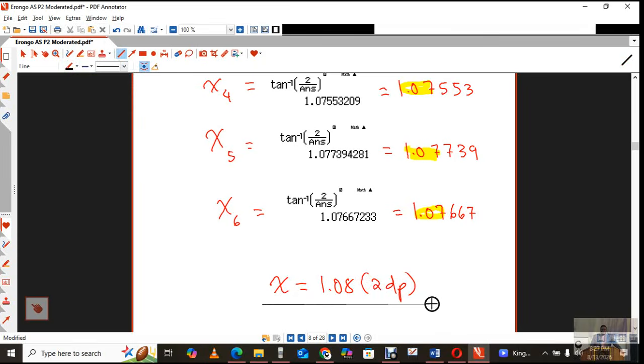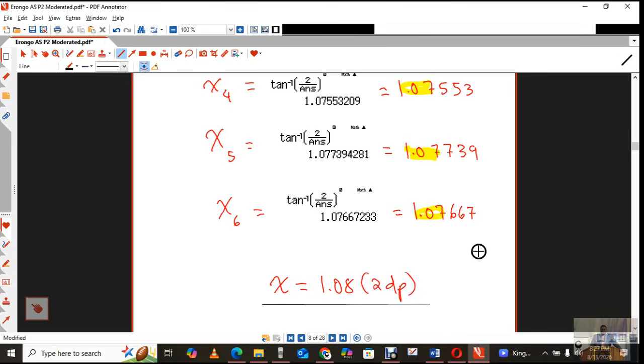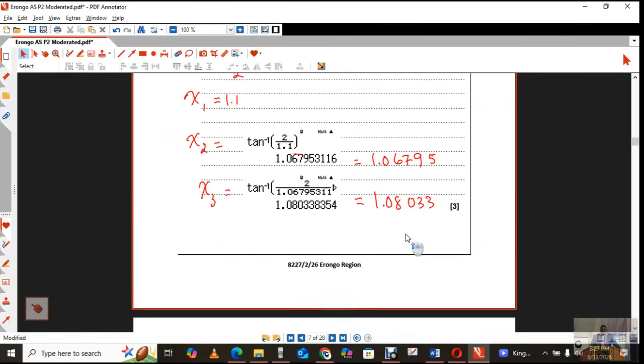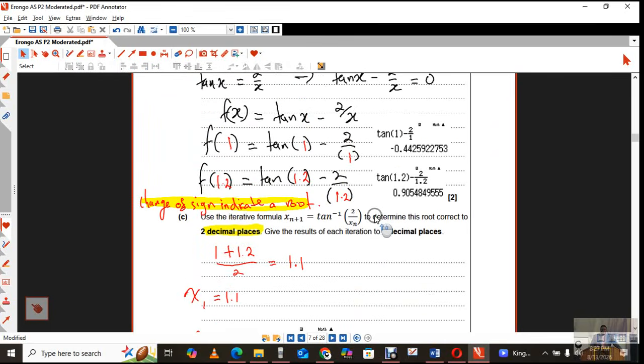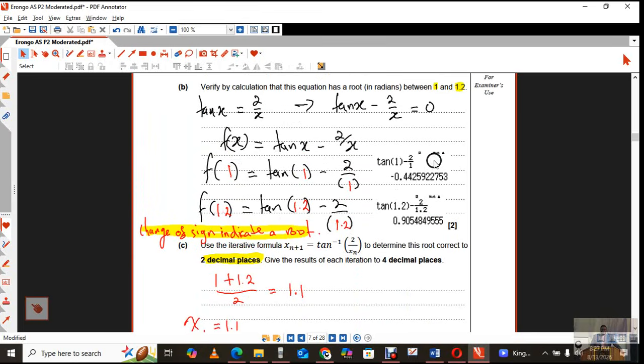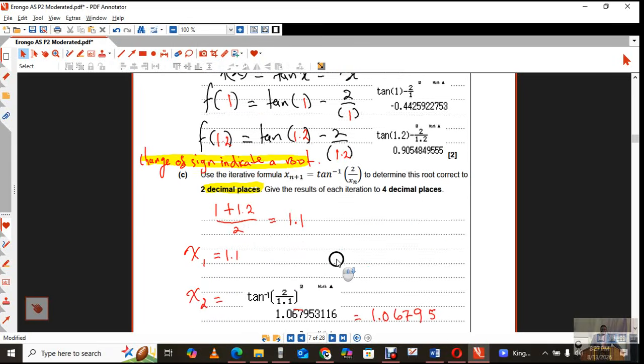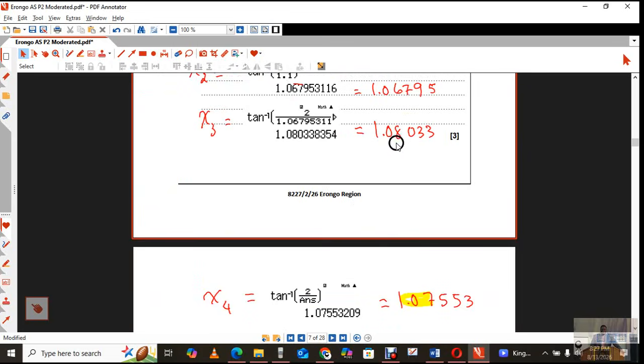And that essentially is what we're looking for. Of course, I took a bit of time explaining that, but hopefully you do understand the concept of iterations for you to find where that root would be. And I chose a number that is halfway between 1 and 1.2. If you want, you can divide that further by 2, and it brings you closer to what that root will be, and it's eventually 1.08.